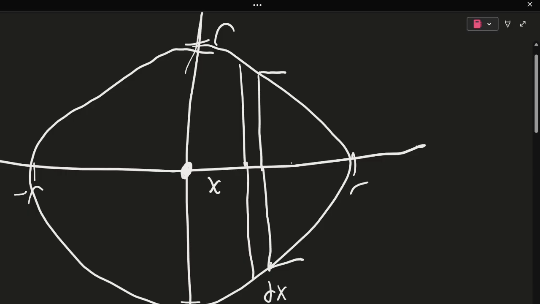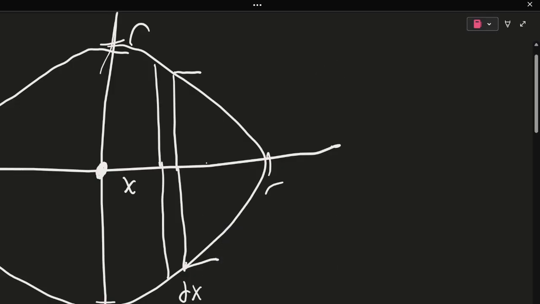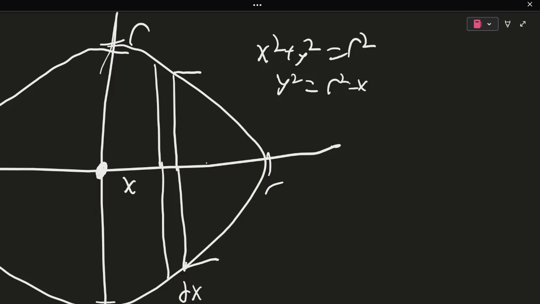Well, we know it's going to be dependent on our functions, but currently we have the equation x squared plus y squared equals r squared. We want to turn this function into a function of x, so we're going to solve for y. So we get y squared is equal to r squared minus x squared, and y is equal to plus or minus the square root of r squared minus x squared.